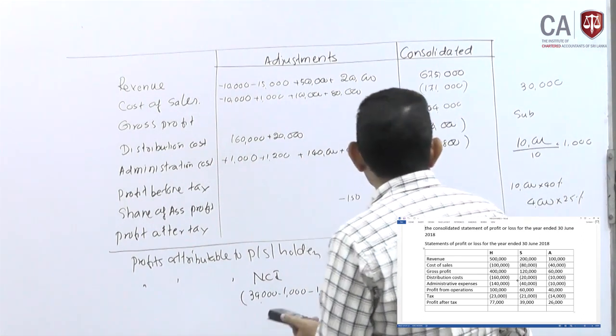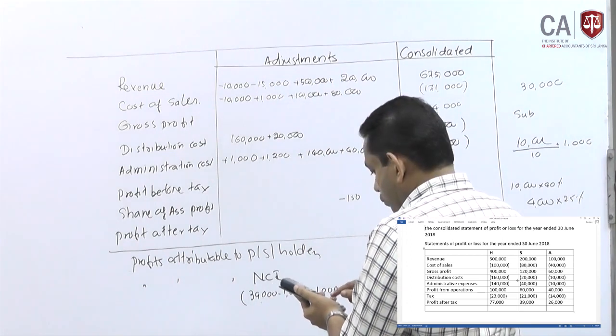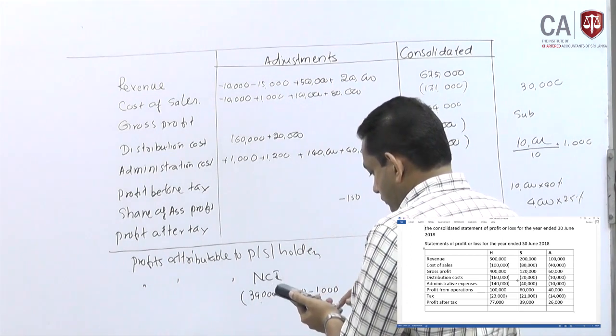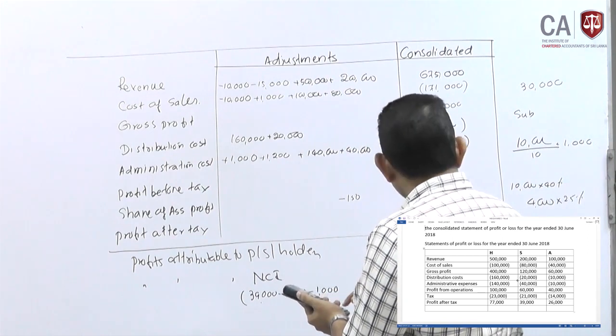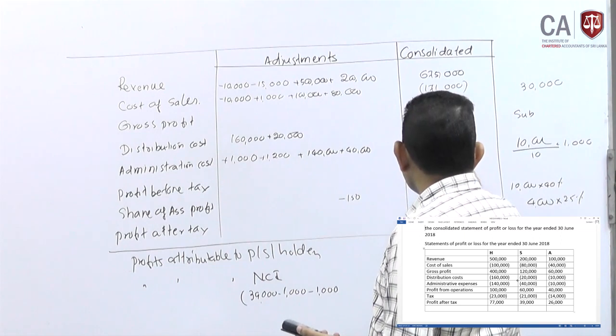Then let us work out the profit before tax. 504,000 minus 180,000 minus 177,800, 146,200.